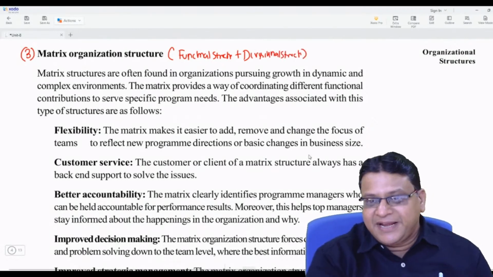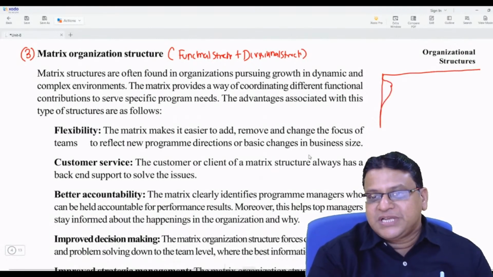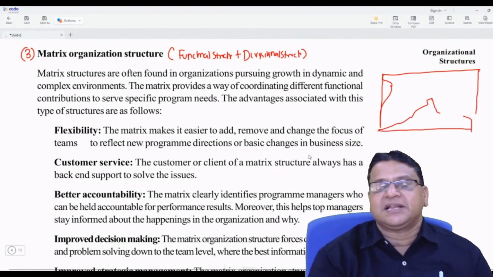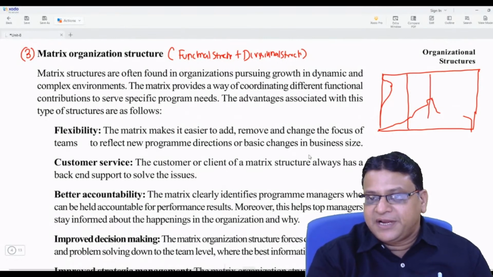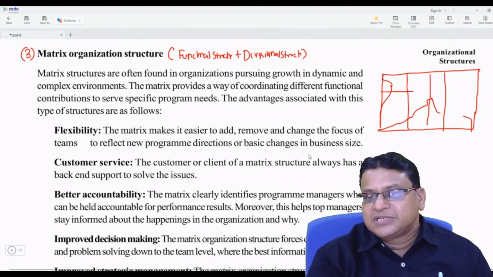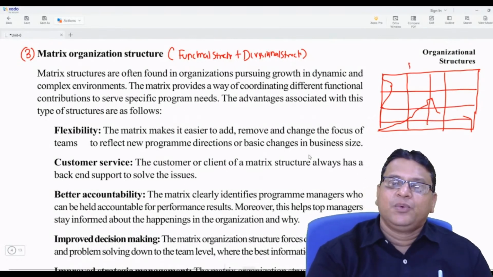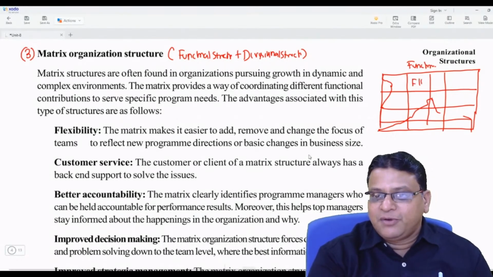There will be functional heads and there will be divisional heads. Let's take an example. These are functions; the organization is divided on the basis of functions. The same organization is divided on the basis of area. In one angle, we will take functions: functional head 1, functional head 2, functional head 3.